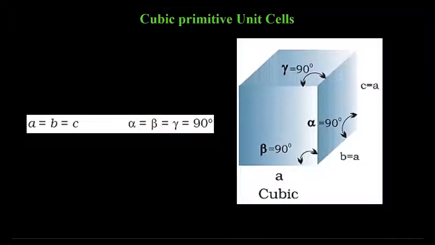So the first one, cubic primitive. Cubic primitive, there is a cube. All sides are equal. All angles are 90 degree.